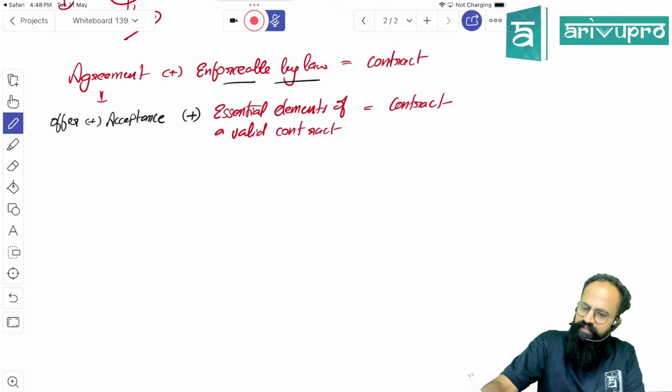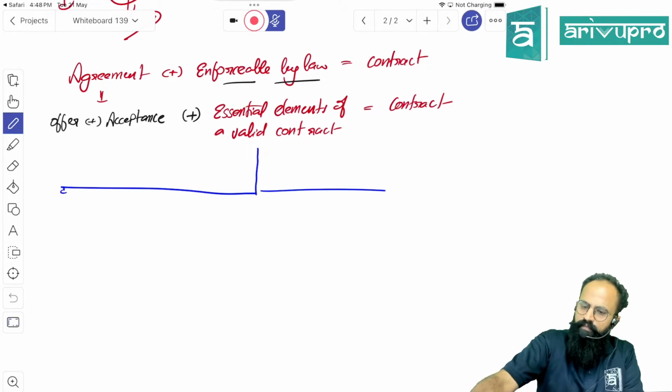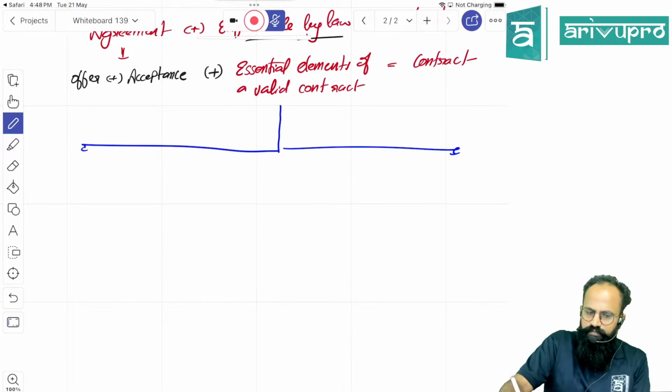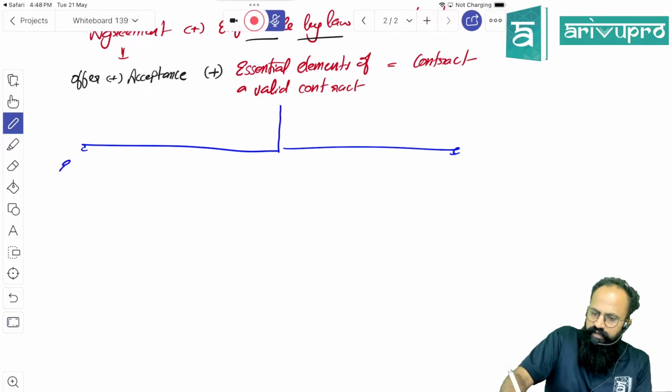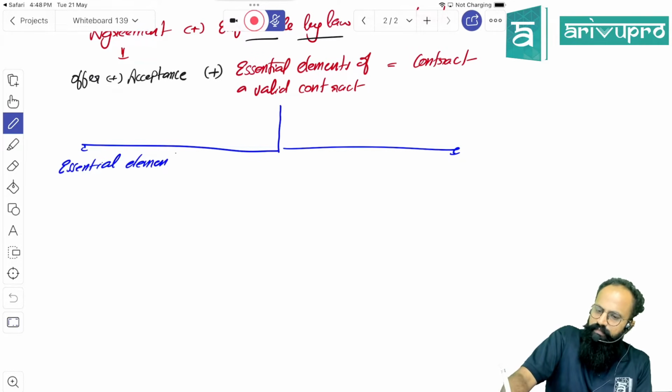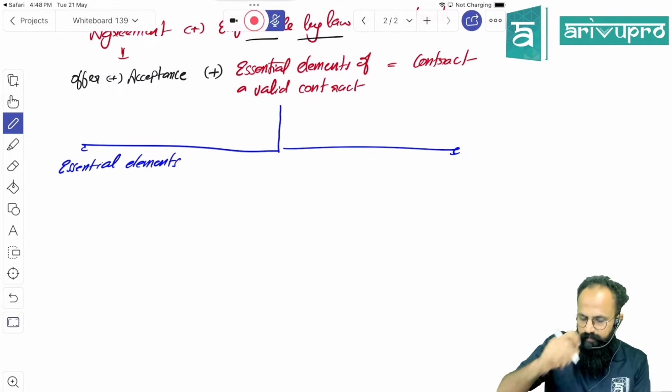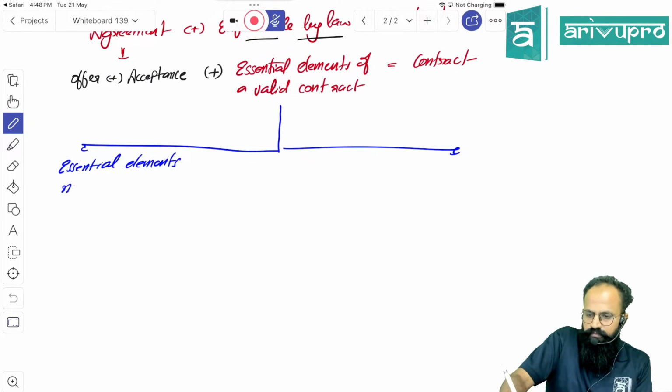Now, under this, essential elements, I can classify this into essential elements not given under section 10.